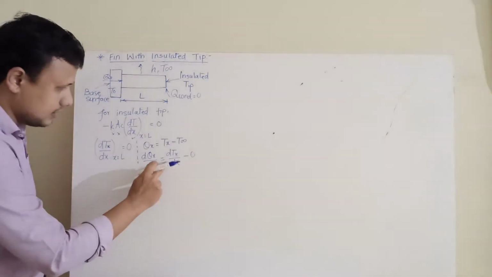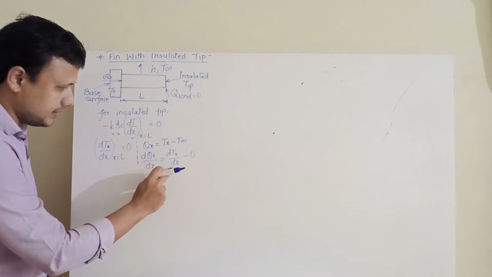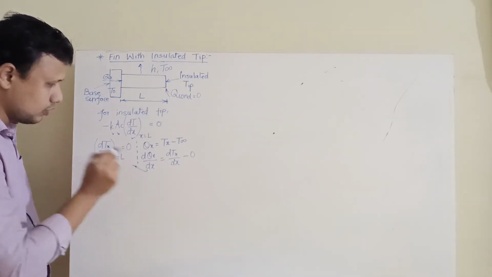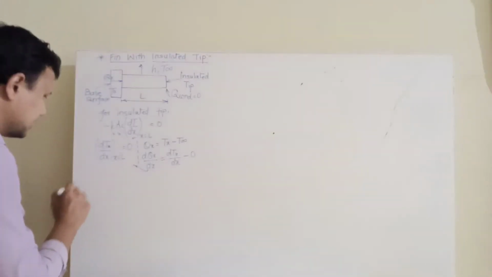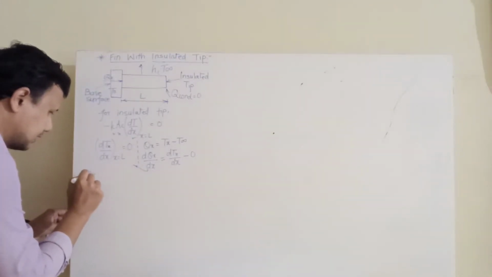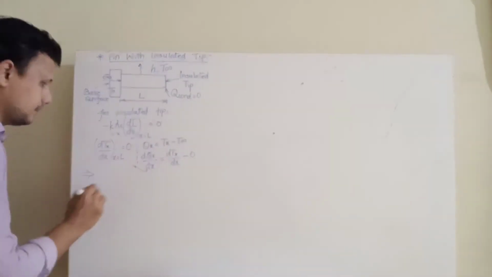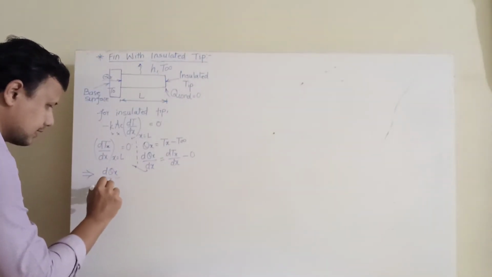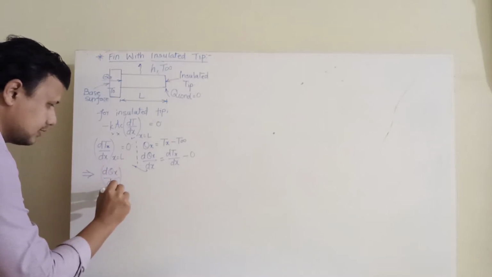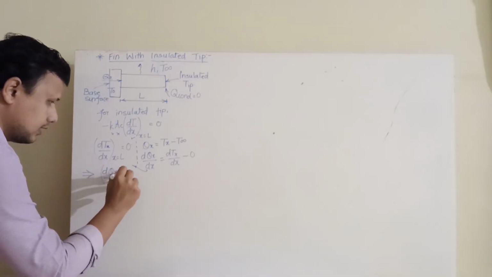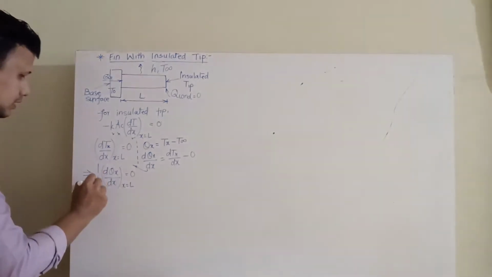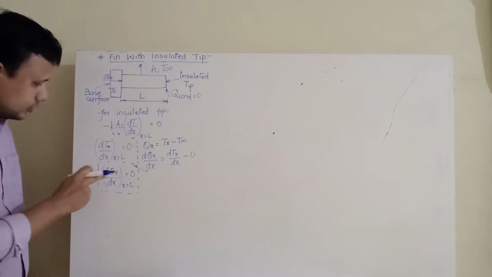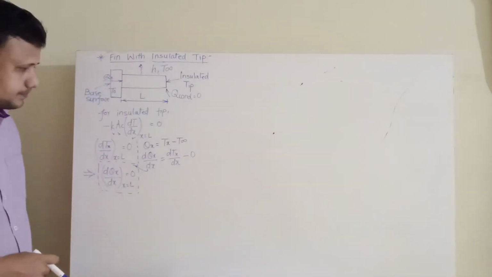It means that the temperature gradient dT_x/dx is equal to d theta_x/dx. We can substitute this value over here. So ultimately it translates to: for an insulated tip fin, d theta_x/dx at x equal to L is exactly equal to 0.